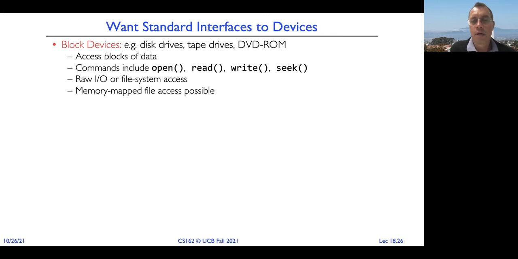So now let's talk a little bit more about this interface and why it has been so powerful and so general. Like I mentioned, you have block devices, and for these you write the data at block granularity, and you have open, read, write, and seek.